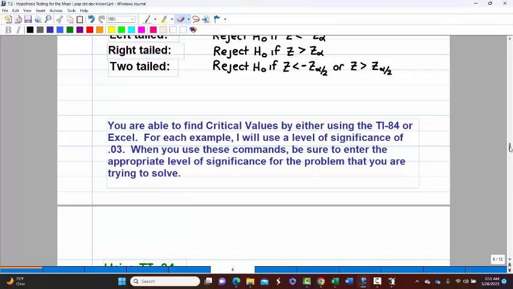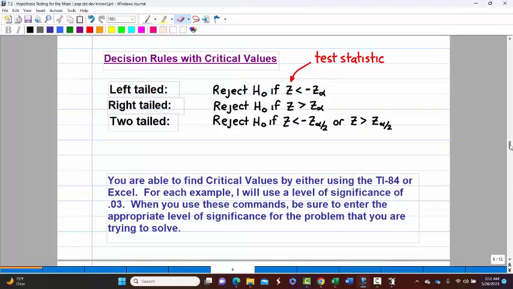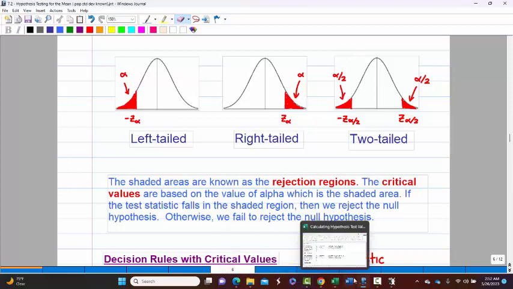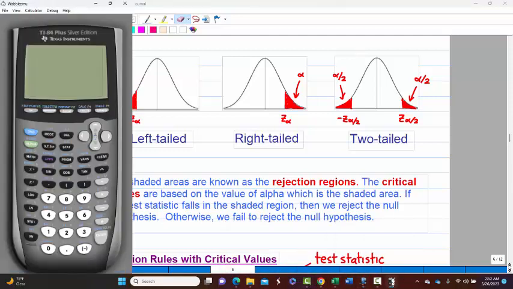I'll show you how to do these. Like I said, we'll just look at a critical value example right now. I'm using 0.03 as an example. Now, if it's left-tailed, it's going to be the area over here to the left. I've got the calculator screenshots down the page there, so you'll see them again.